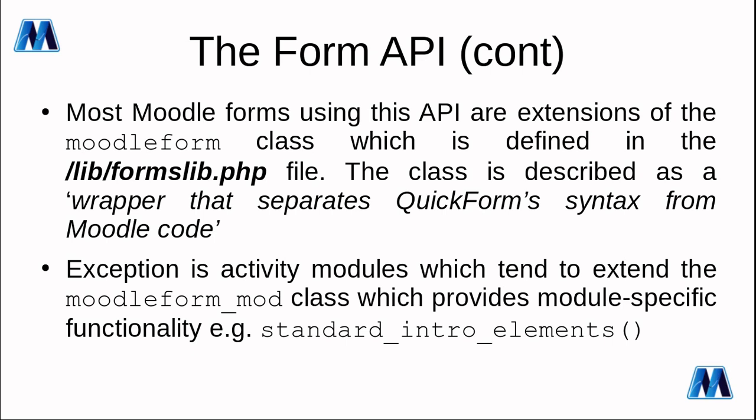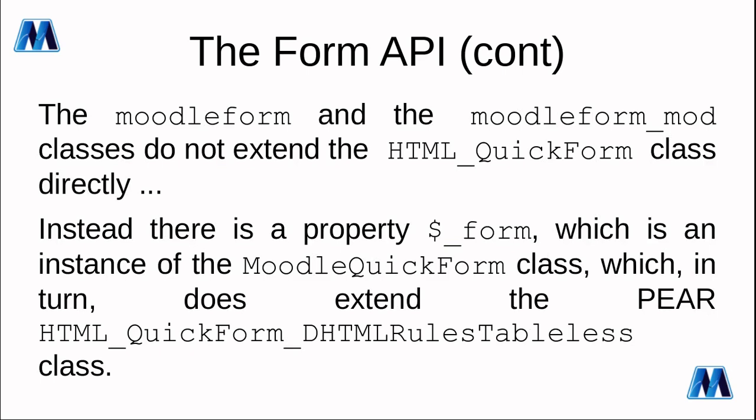For example, the standard_intro_elements, which we will talk about at some point later on. Okay. The moodleform and the moodleform_mod classes do not extend the HTML QuickForm class directly. Instead, there's a property $_form, which is the instance of the MoodleQuickForm class, which does in turn extend the PEAR library classes. Okay.